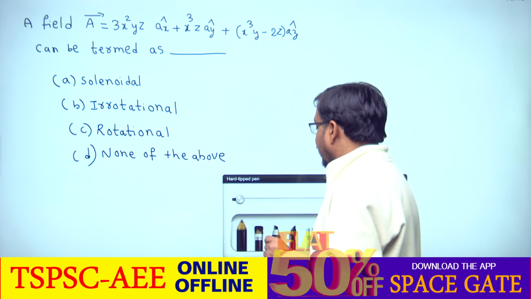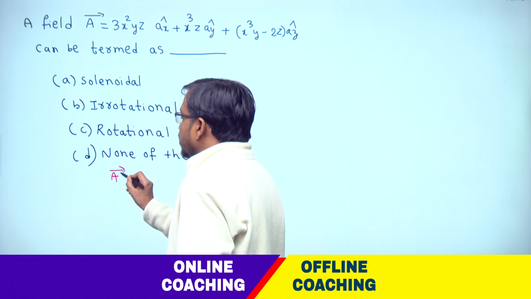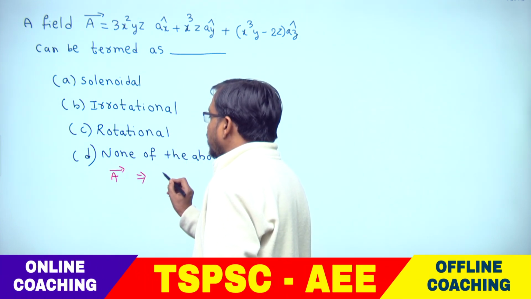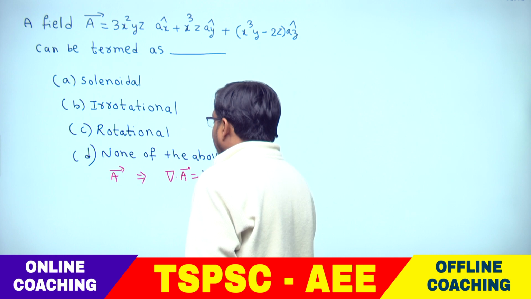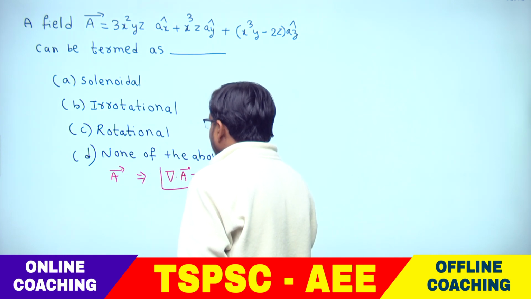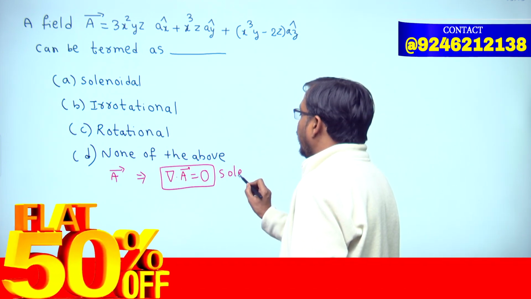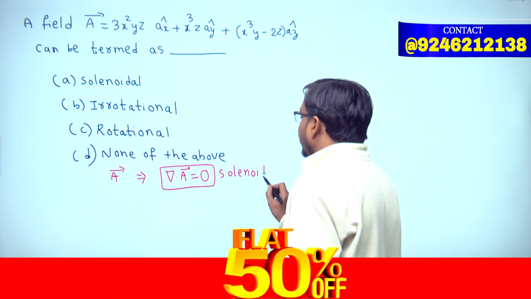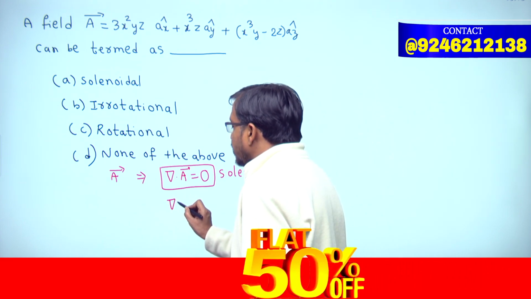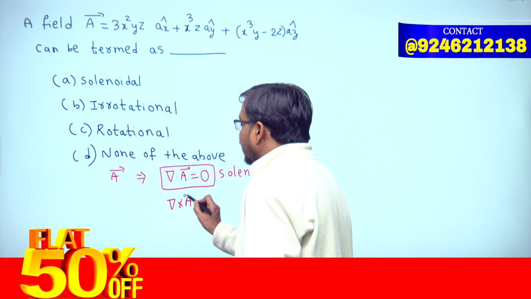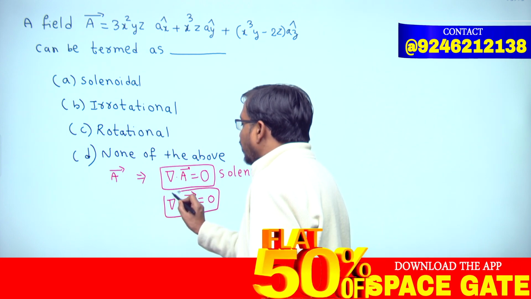If A is a vector and its divergence equals 0, that is, divergence of A equals 0, then the vector is known as solenoidal. Remember, very important point. Similarly, when the curl of the given vector equals 0, then the vector is known as irrotational.